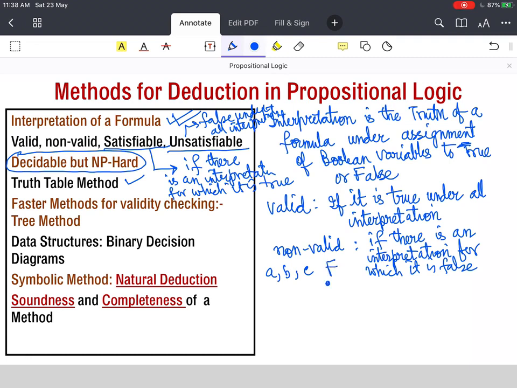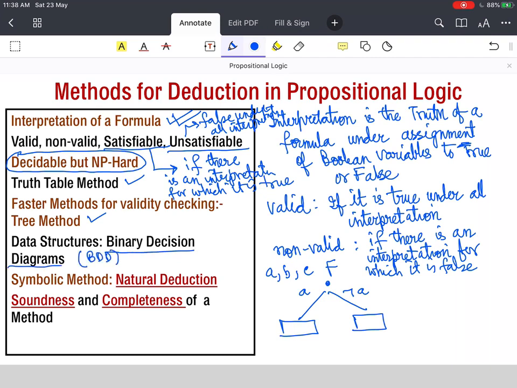Suppose a formula has three variables A, B, and C. The tree method will start with the formula, choose one of the variables, assign it to be true or false, and see what the new formula is. By this, in many cases, we could determine the truth under partial assignment. That is why it can become a faster method.